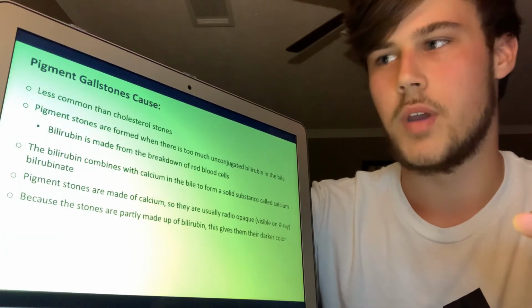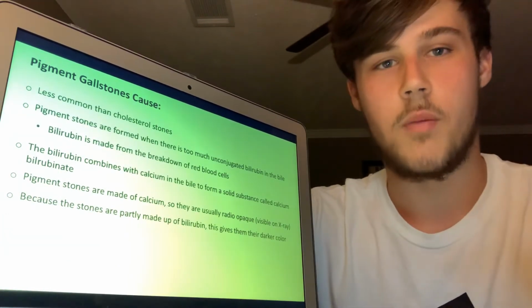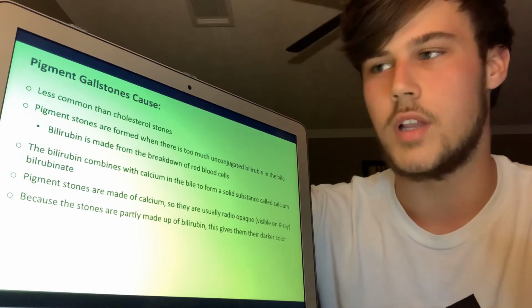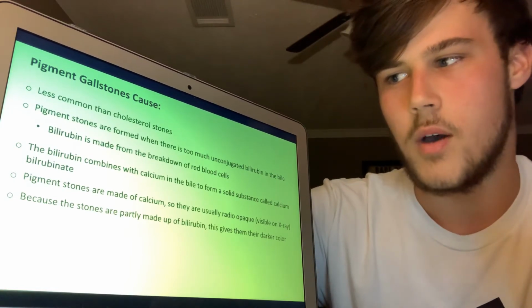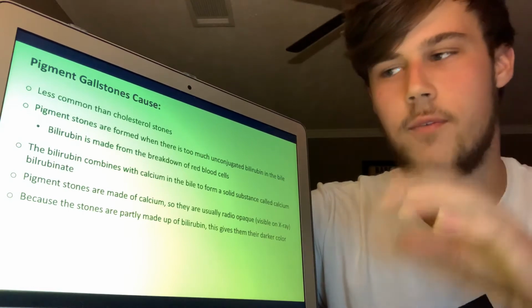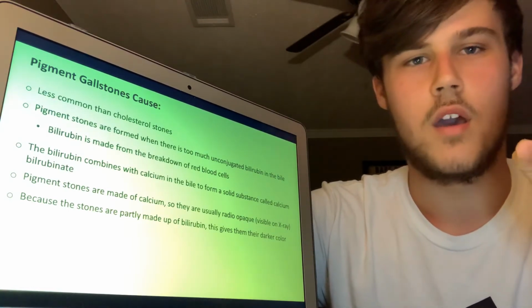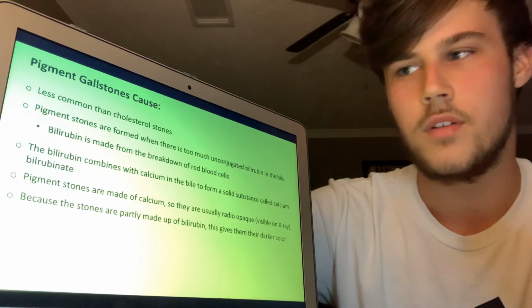All right, for the pigment gallstones, they're less common than the cholesterol gallstones. They form when there is too much unconjugated bilirubin.